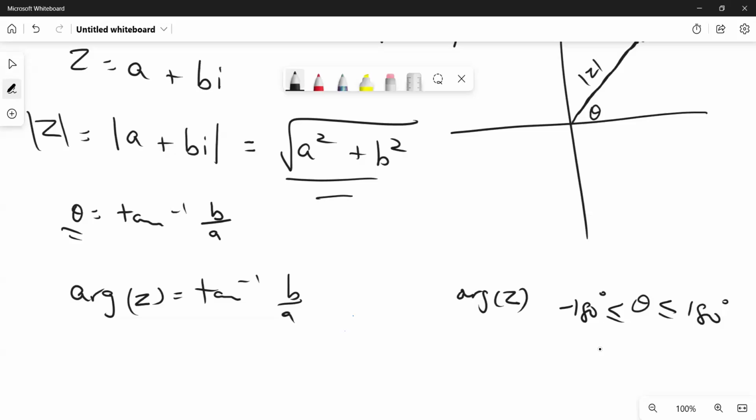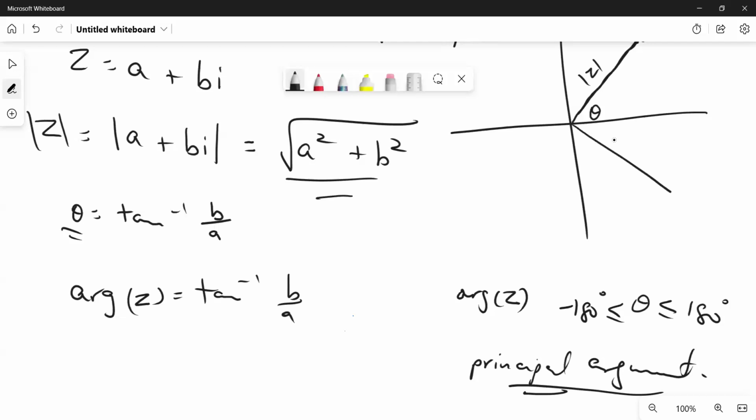I don't want to get into it, but this is what you call the principal argument. It is the angle that it will make with the real axis. Because if you have one down here, let's say you have alpha there, this angle is going to be a negative angle.